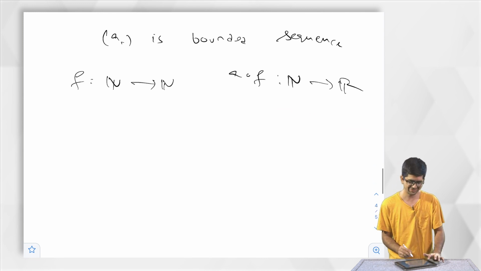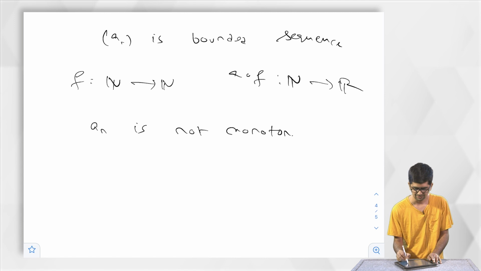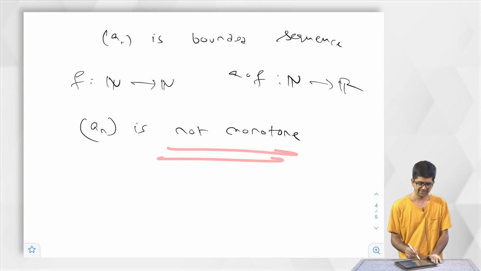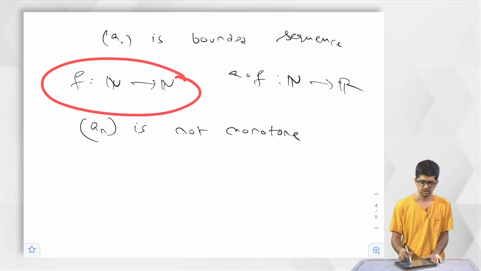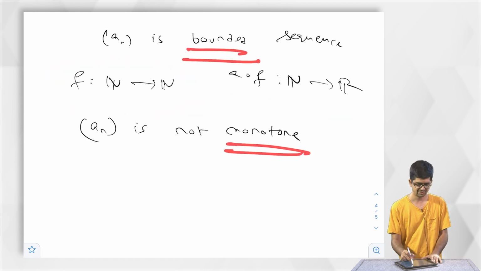So the only question is when it is not a monotone sequence. If An is not monotone, then there is a small problem. I don't even know where to start. If it is monotone, then I can simply take F to be the identity map. A compose F is the same thing as A, monotone and bounded is convergent, so An is convergent, so this is convergent.